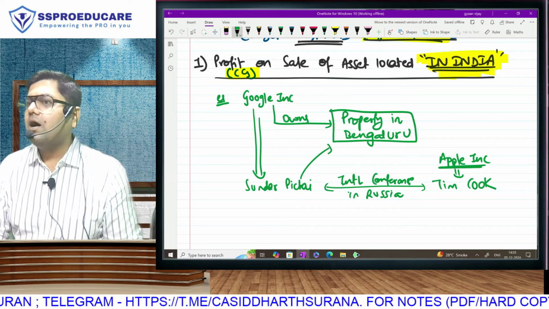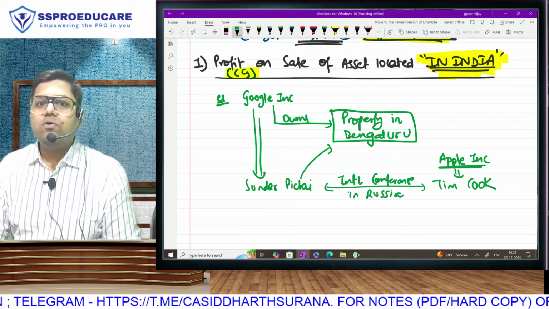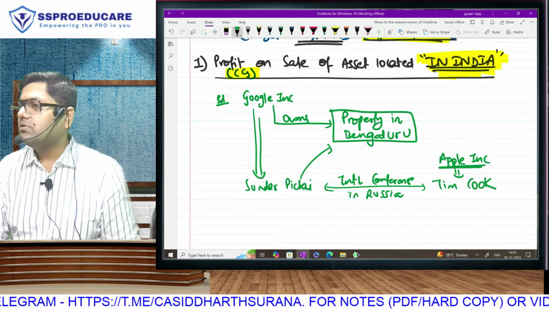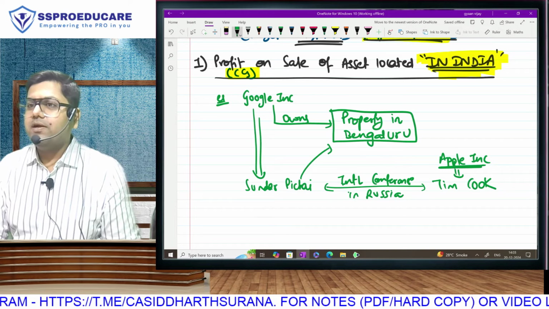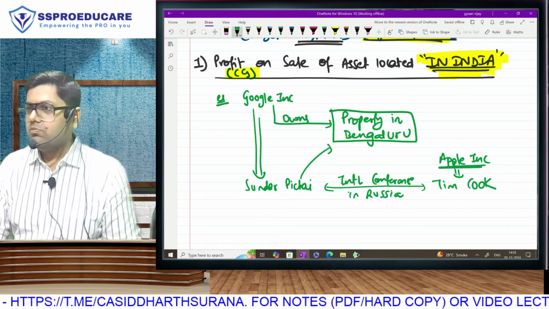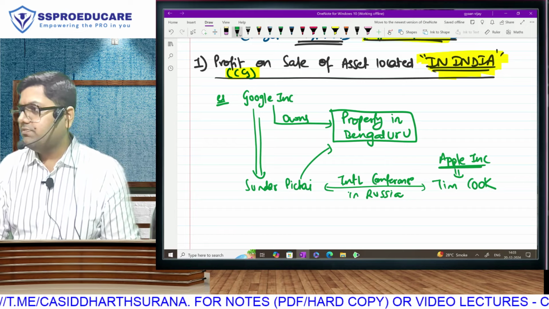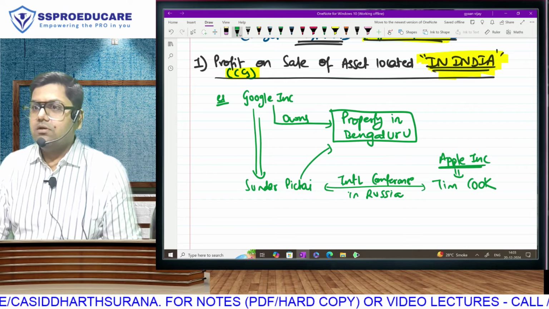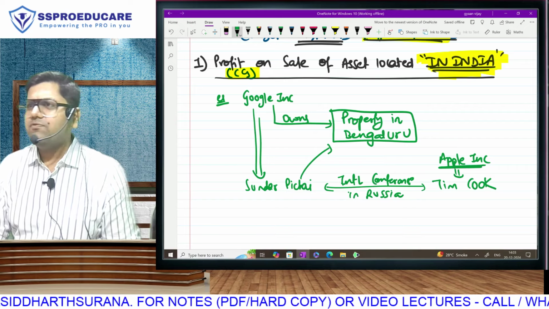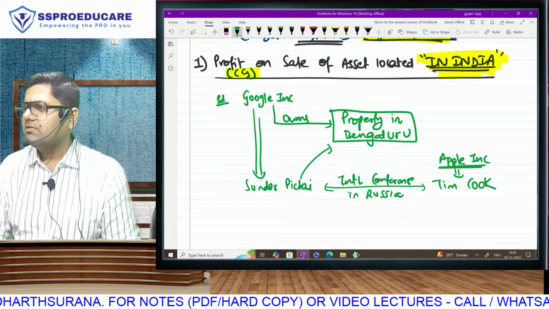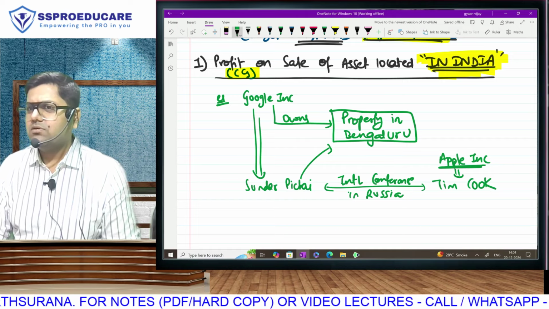Then Tim Cook said, "I love this property. And do you know that we Apple are in expansion mode?" Do you know Apple opened India's first store in Mumbai in BKC, Jio World, and Mukesh Bhai is getting roughly 40-50 lakh rupees rent per month from that Apple store.